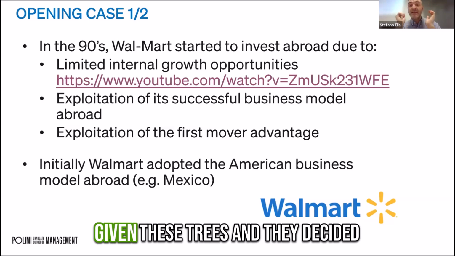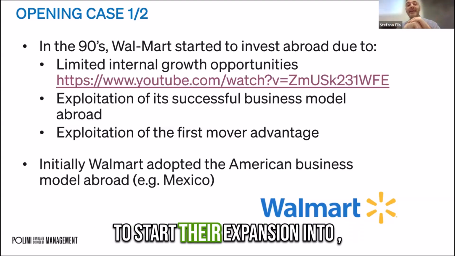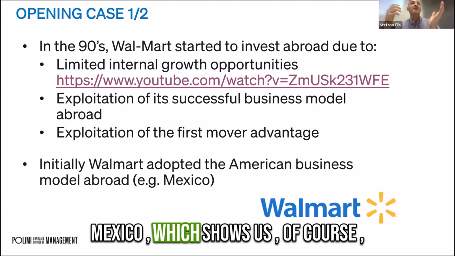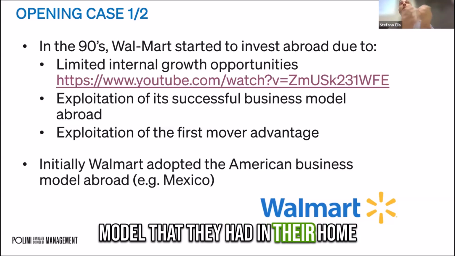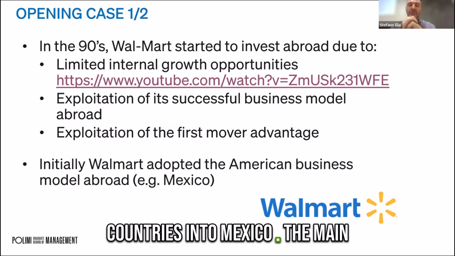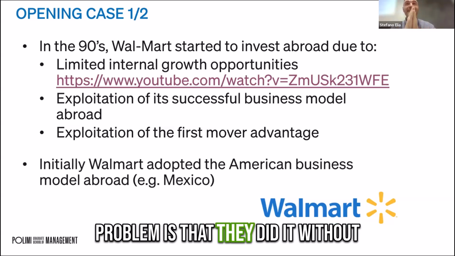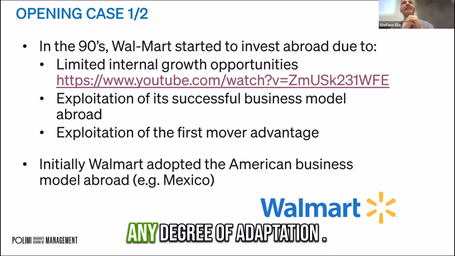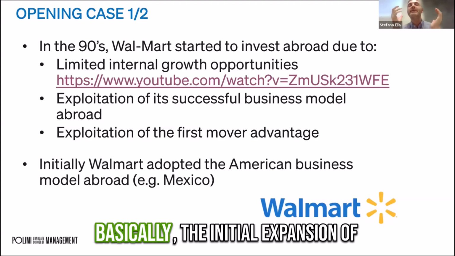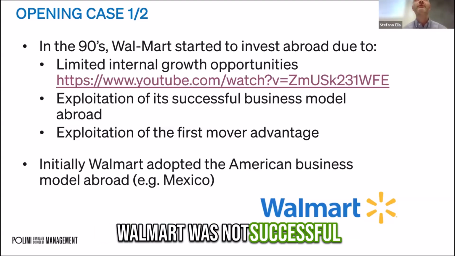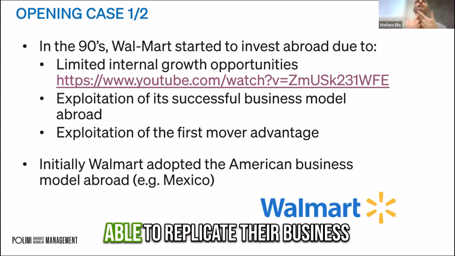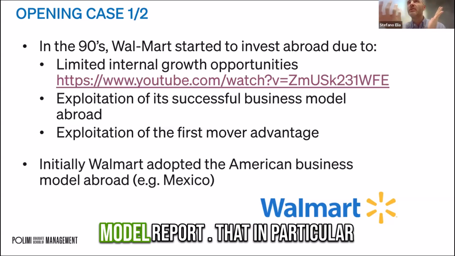And given these three reasons, they decided to start their expansion into Mexico, which is, of course, the nearby country. And they decided to adopt the same business model that they had in their home country into Mexico. The main problem is that they did it without any degree of adaptation. Basically, the initial expansion of Walmart was not successful because they were not able to replicate their business model abroad.